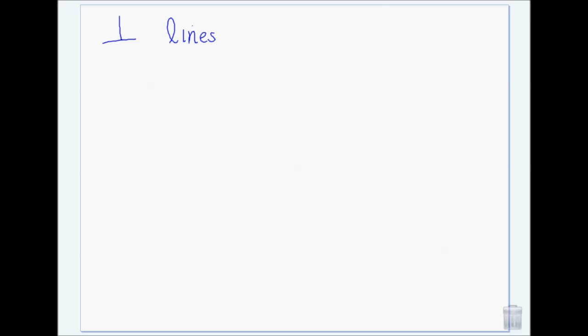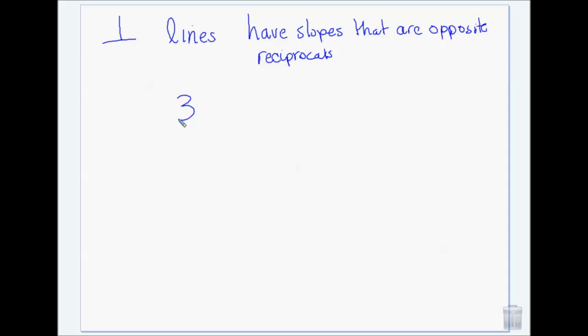If parallel lines have identical slopes, perpendicular lines have slopes that are opposite reciprocals. So, say we have a slope that's 3, that slope would be perpendicular to -1/3.